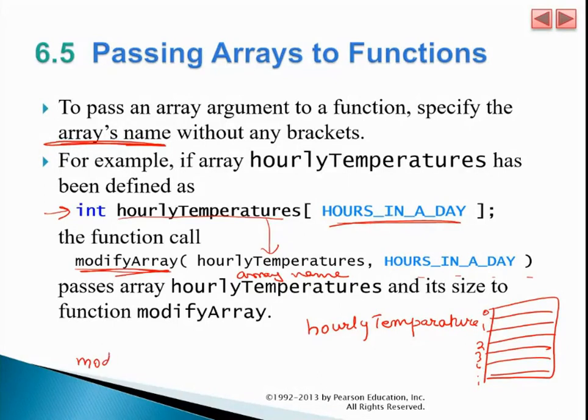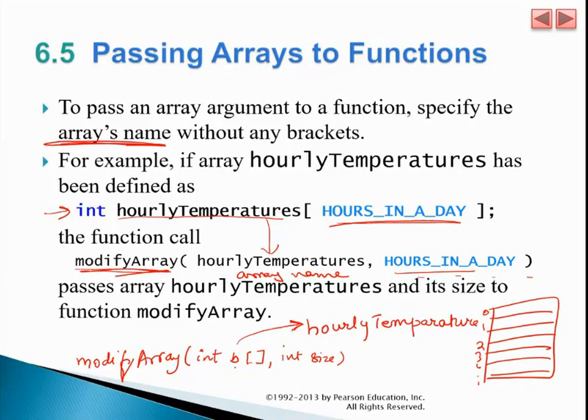In the definition of modify array, suppose we will write int b. Since we are passing one more parameter, it is something like int size. Now this b is actually pointing to hourly temperature.